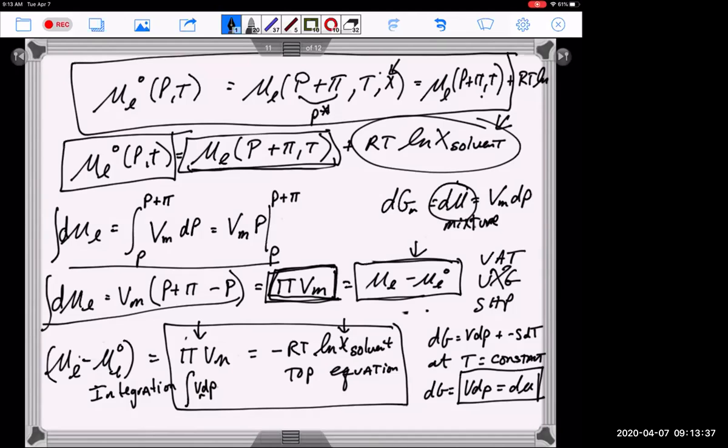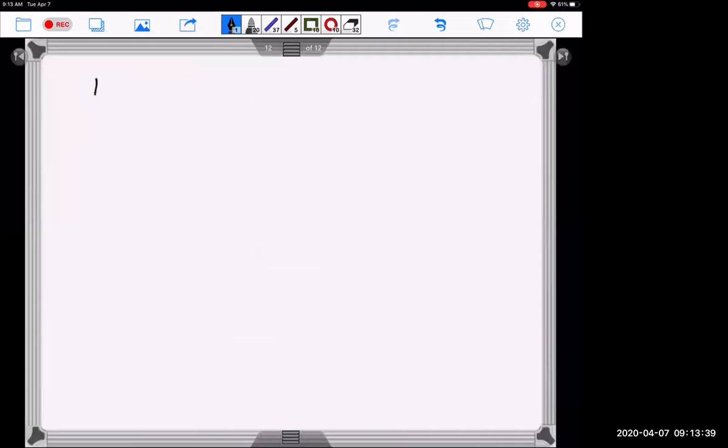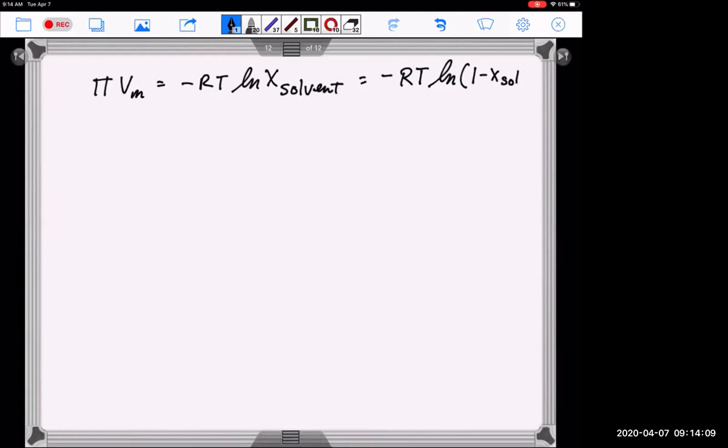So once we have that, this term pi Vm equals minus RT ln of X. So it's changed to minus RT times ln of 1 minus X of the solute.